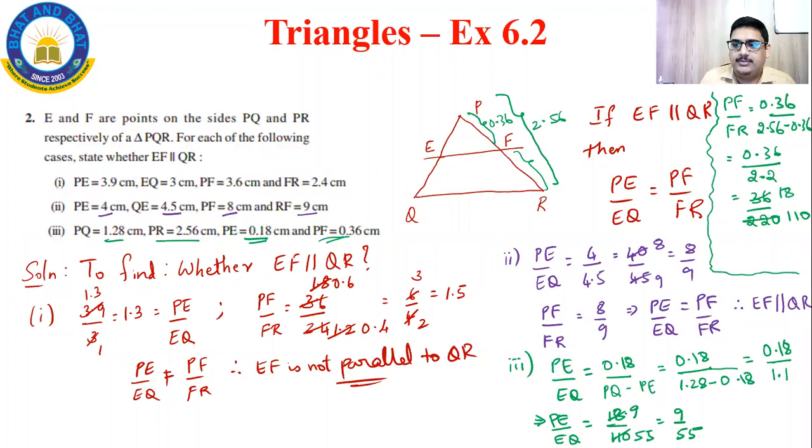I observe one intermediate step present here, 18 divided by 110. So this is nothing but 9 divided by 55. Therefore, EF is parallel to QR as the ratios are the same. The ratios are same. Yes, is that clear to everyone?